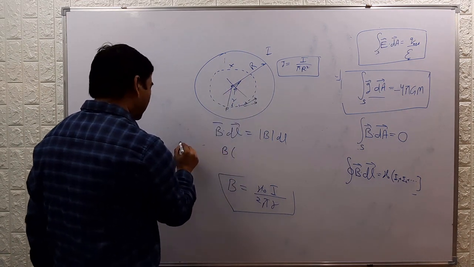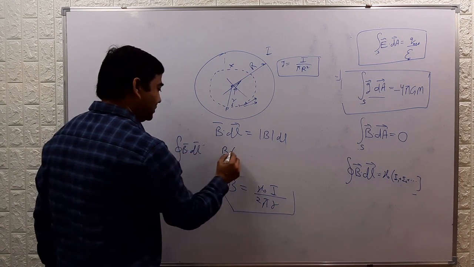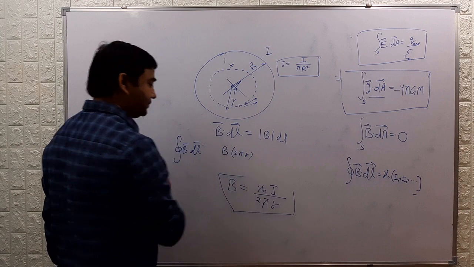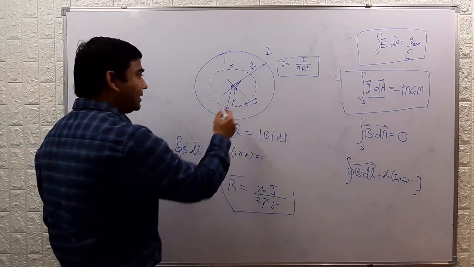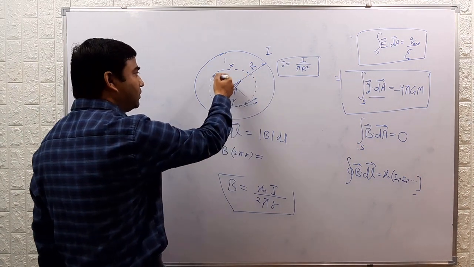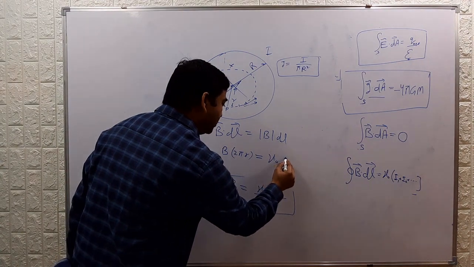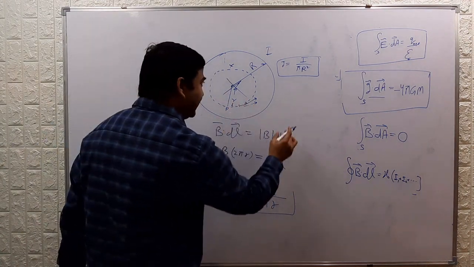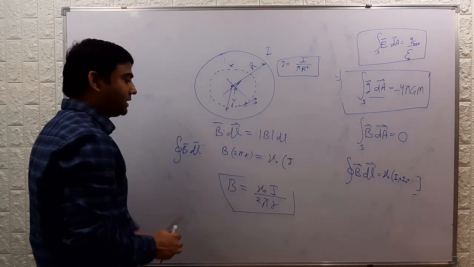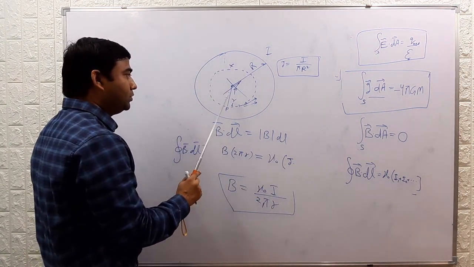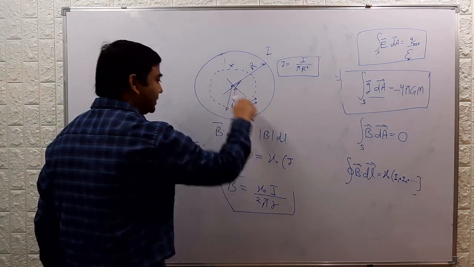So the total line integration of B dot dl is B into 2 pi small r, and this is equal to mu 0 into the current enclosed by this imaginary circle, that is, the current density J into the area of this circle, pi r square.